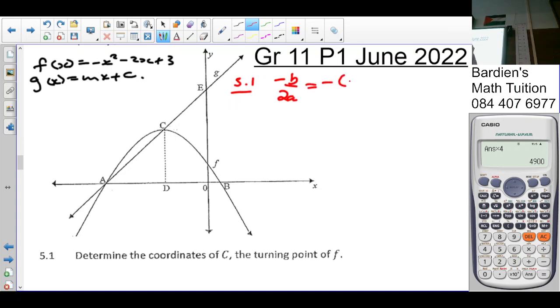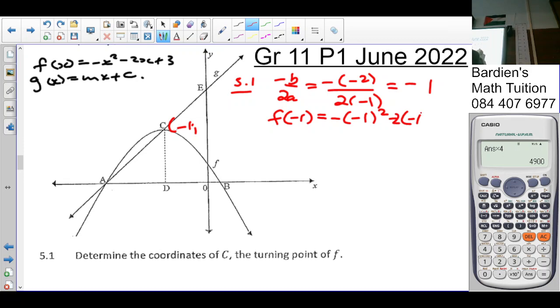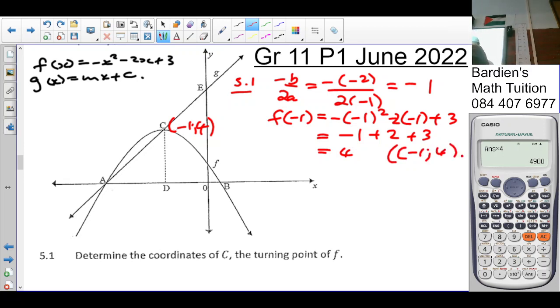So it's minus 2 over 2a, which is negative 1. You all agree with that? So the coordinates of C is the x value of minus 1. How do you get the corresponding y value? You substitute x equal to minus 1 into the f of x equation, the parabola's equation. So negative minus 1 squared minus 2 into negative 1 plus 3, which is negative 1 plus 2 plus 3, which is 4. So the coordinates of C is negative 1 and 4.